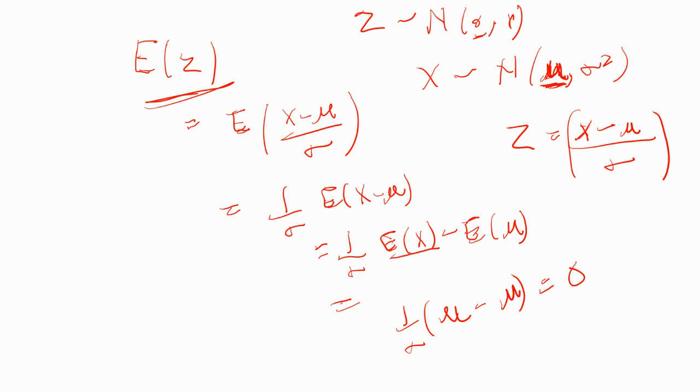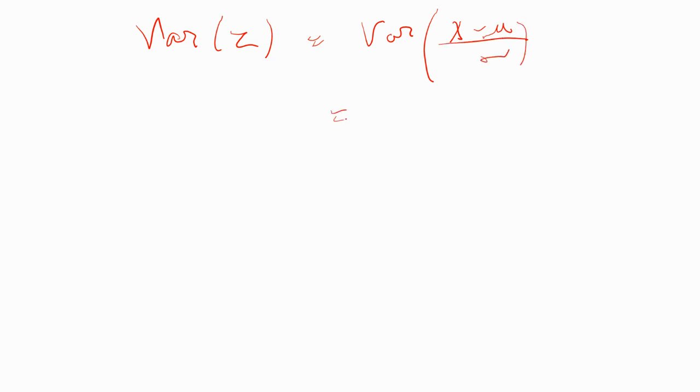Now we want to find the variance. So variance of z will be the variance of x minus mu upon sigma. Now, for the variance, there is a different situation. If you have variance of ax plus b, then its variance is a square times variance of x.